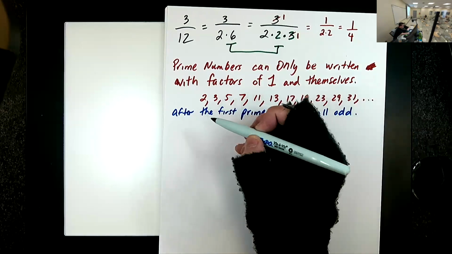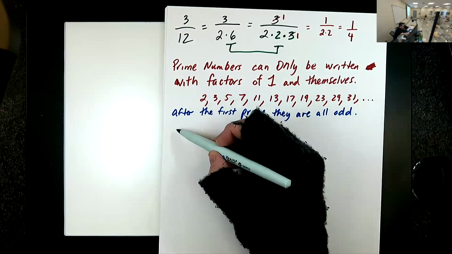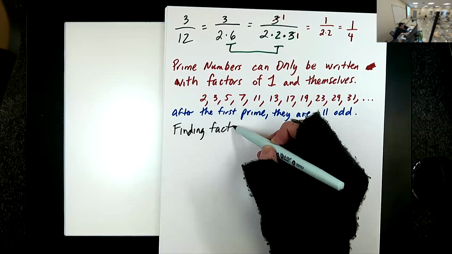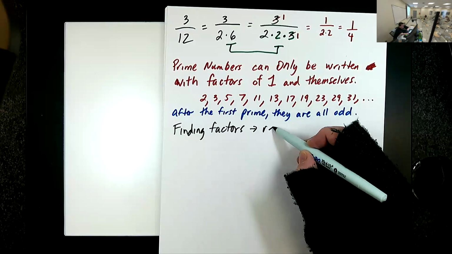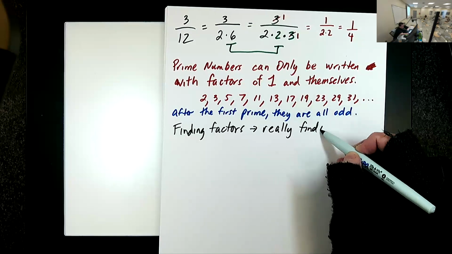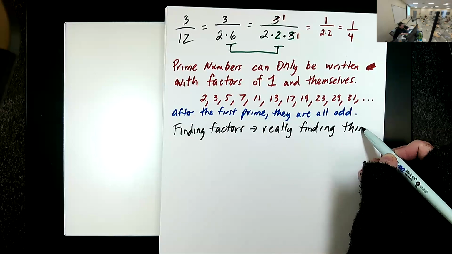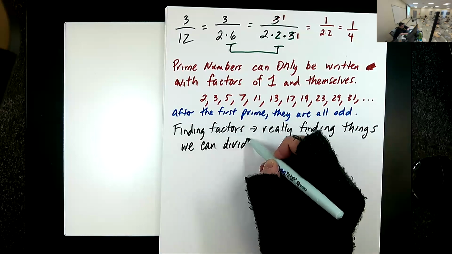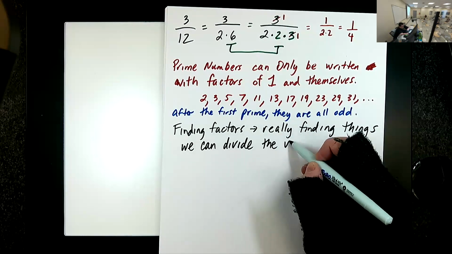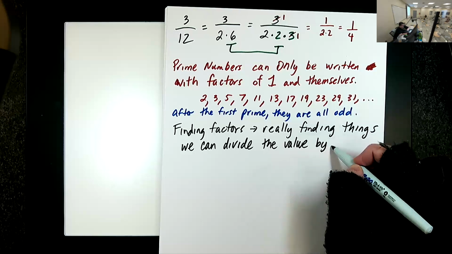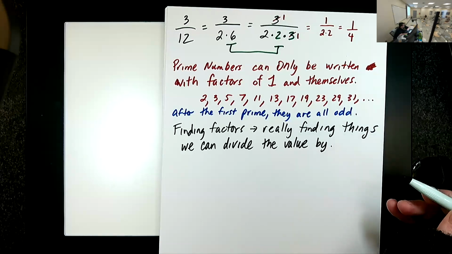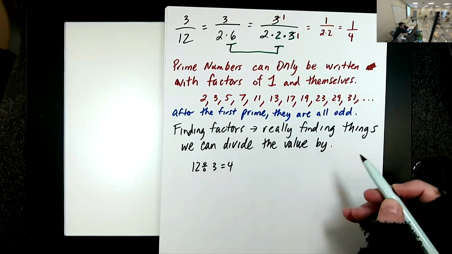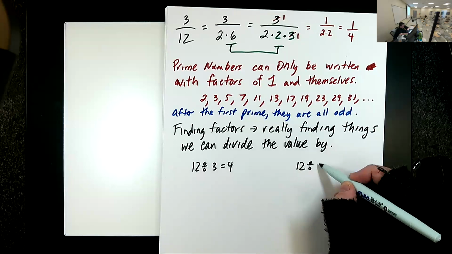So when we're finding these factors, we're really finding things we can divide the big number by. 12 divided by 3 is 4. 12 divided by 6 is 2.